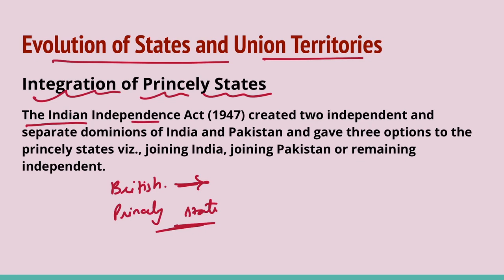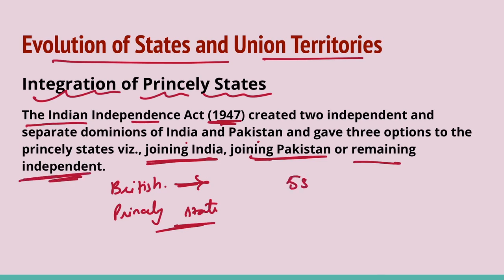The Indian Independence Act 1947 created two independent and separate dominions, India and Pakistan, and gave three options to the princely states: joining India, joining Pakistan, or remaining independent.